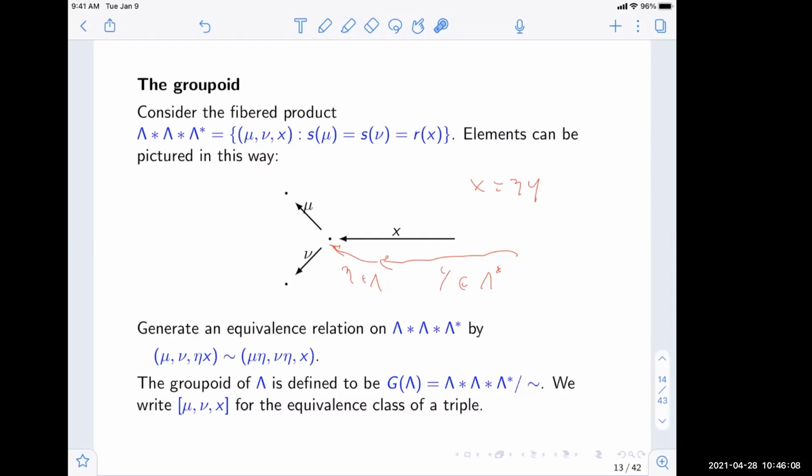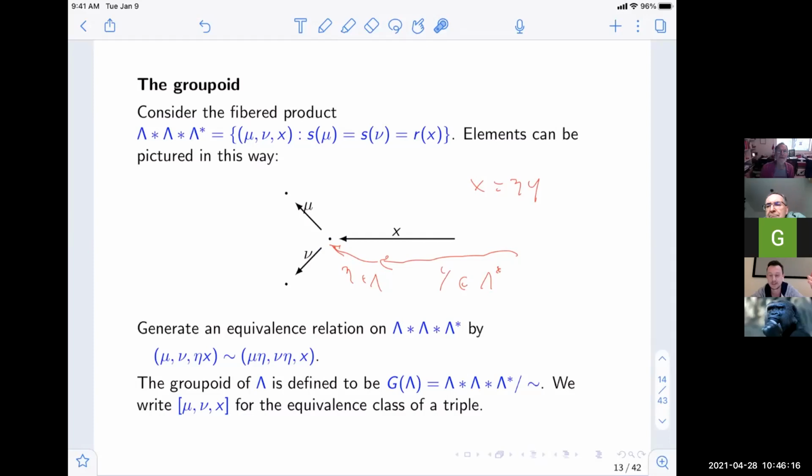Exactly. So when one runs this construction, it can happen that one loses this information along the way. So if you take, for example, a graph with only one loop, it could possibly get lost along the way.